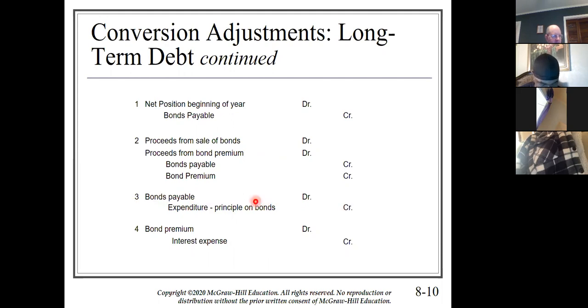So that's what they're doing in this entry. And then if there's a bond premium to amortize it, then they're debiting bond premium and crediting interest expense.